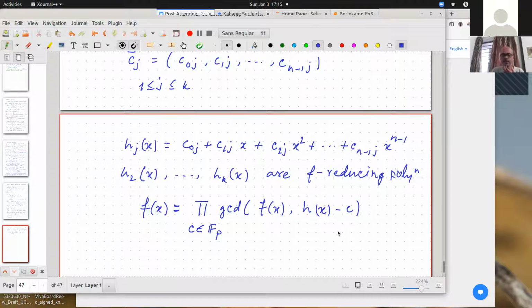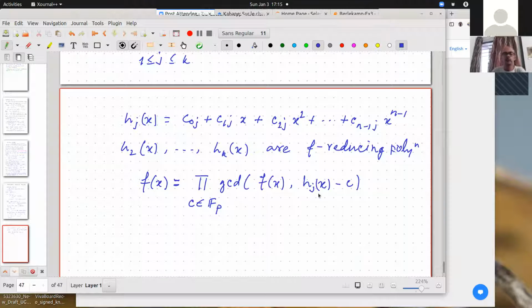But what happens in this algorithm is that we do this with these polynomials, with this j. We try this with these polynomials, and if we keep doing it using one polynomial, then whatever factor we get, we use the second polynomial to factorize that, and we keep doing it.